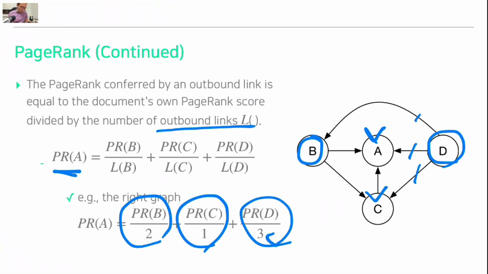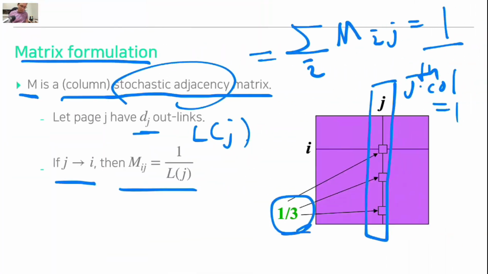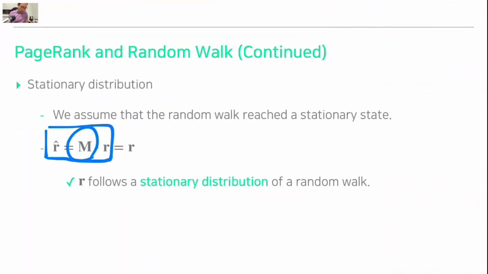Considering the outbound links, we keep propagating, and we expect some stationary state. Stationary state means it's likely to converge to some score, right? We keep propagating the scores, and we expect all the nodes' PageRank scores to converge towards some values. That is called the stationary distribution.